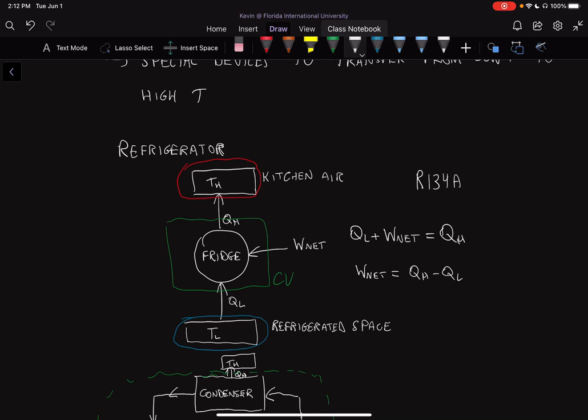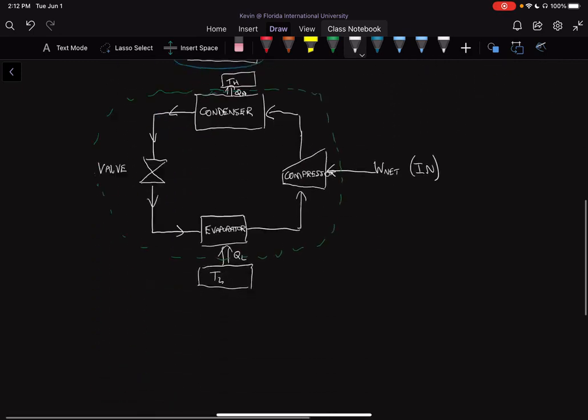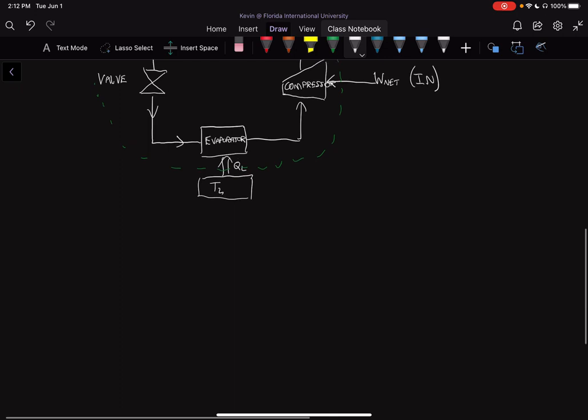Okay, now for a refrigerator, we don't use thermal efficiency to measure performance. We use another coefficient, and this is called the coefficient of performance. So in heat engines, we use thermal efficiency. Here we can't use thermal efficiency because our goal is not to create work, it's to create something else.